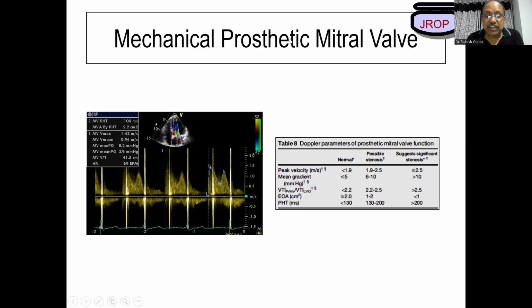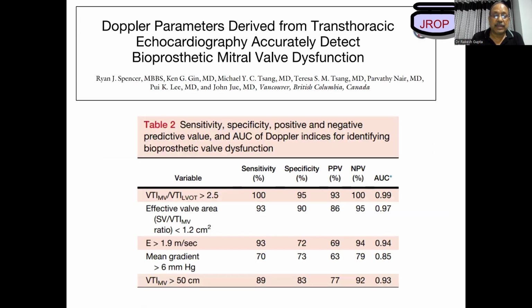And these values should be put in a chart, something like this, and compared to see whether this is possible stenosis or not. This is used for looking at bioprosthetic mitral valve dysfunctions.